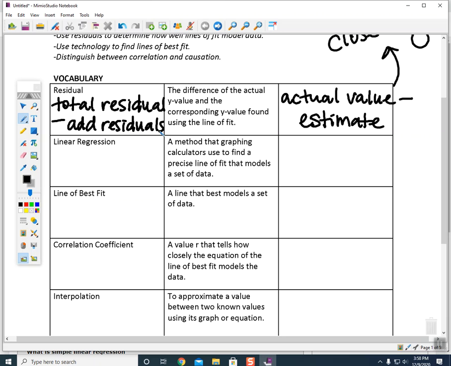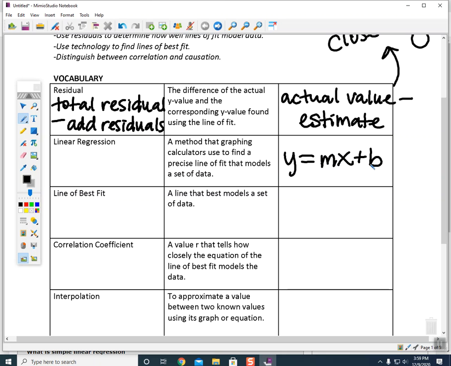Now, we are going to let the computer do it for us. So that's what linear regression is. It's just me telling a computer what to do, and it's going to spit out an equation in the form y equals mx plus b. And we can look at that later too. We'll see an example of that as well.